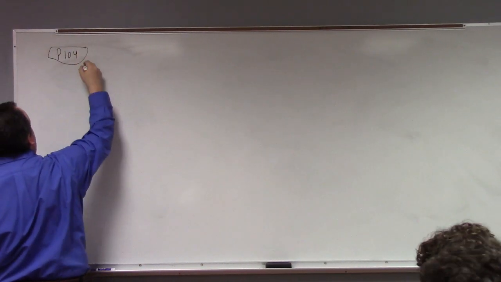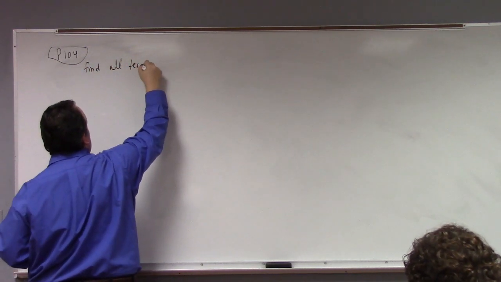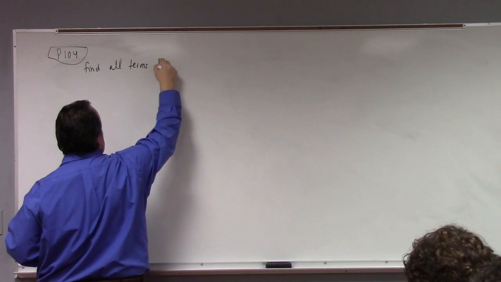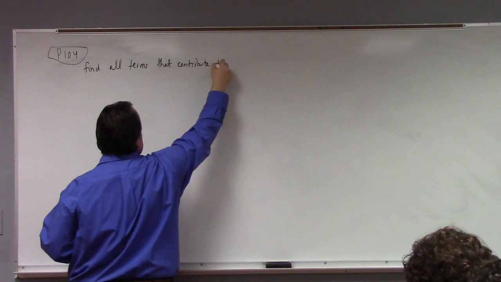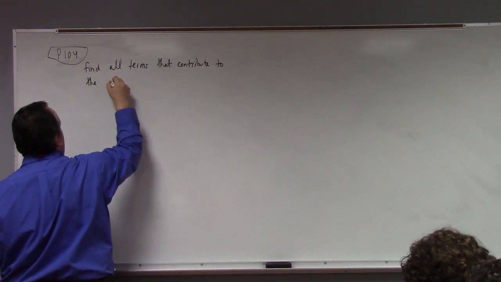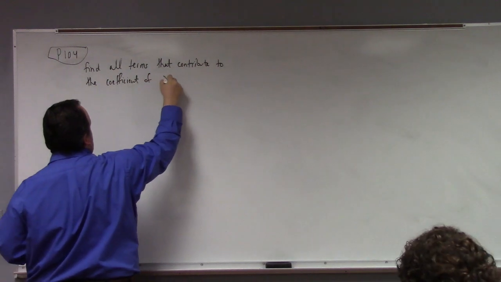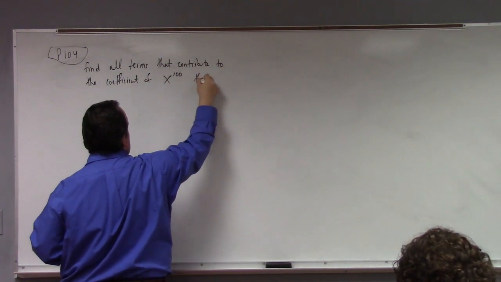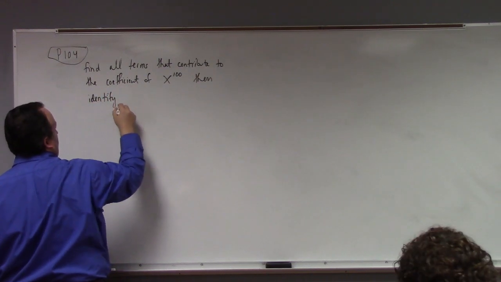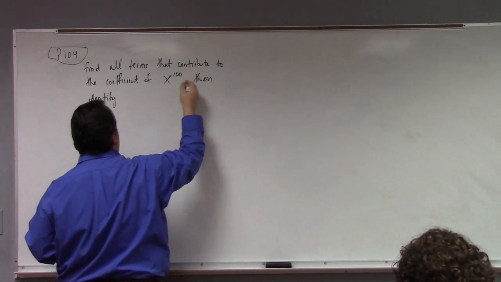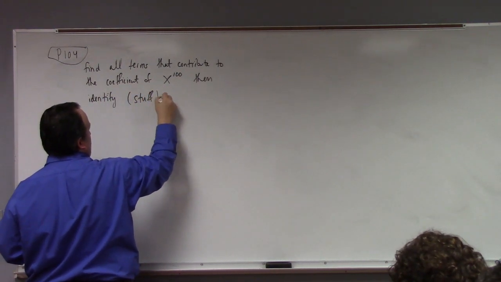so here's what you want to do. You want to find all terms that contribute to the coefficient of x to the 100, then identify whatever you have next to x to the 100.